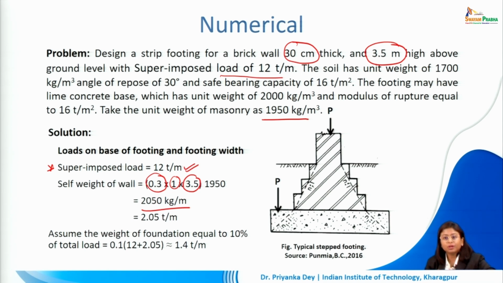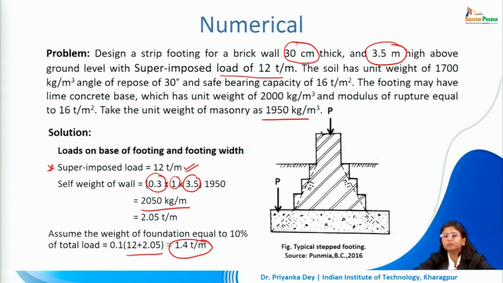Now this total load includes the superimposed loads as well as the self weight of the wall. So 12 plus 2.05, we're going to take 10% of that and come up with the self weight of the foundation for this calculation.